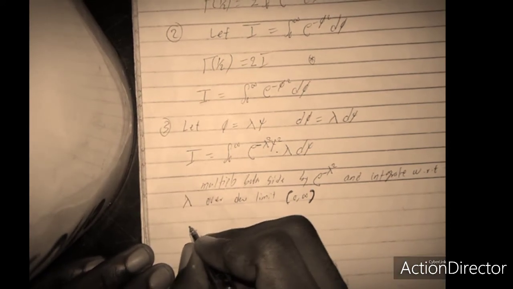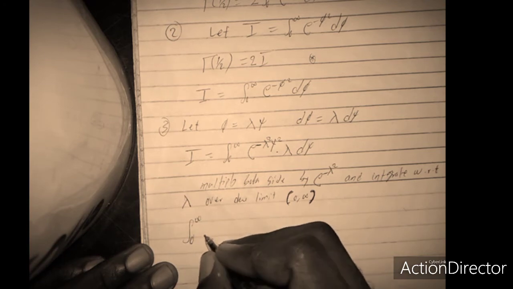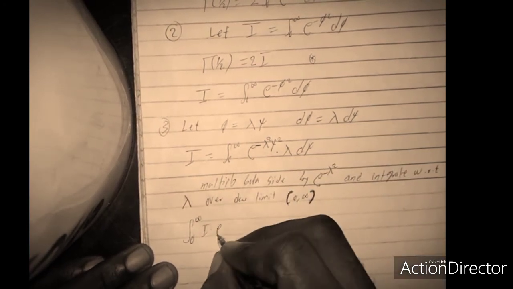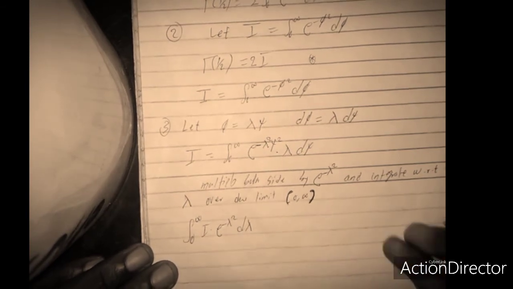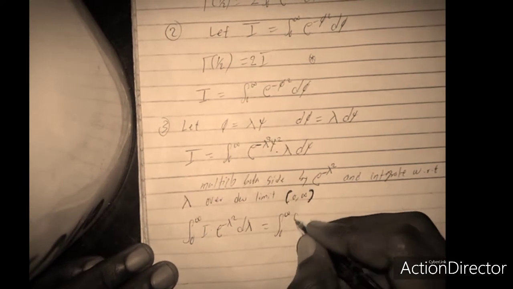So I'm integrating both sides from 0 to infinity. I should multiply by e to the minus lambda squared d lambda, that is integrating with respect to lambda, and this will become a double integral from 0 to infinity.